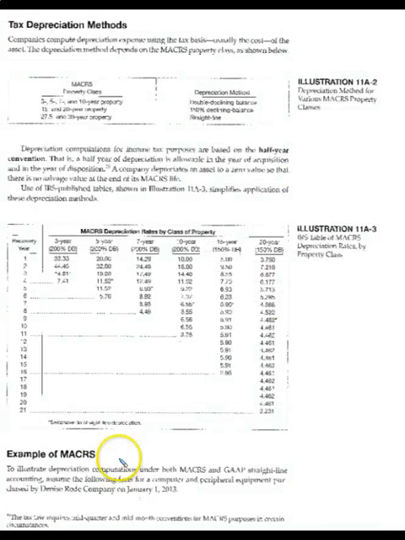So let's look at those. I hope you've turned to your book. Here we have rates. This doesn't show very well on mine, so if you will, turn to your book. But for the 3-year, here are different rates, and of course those are going to total 100%. And then for the 5-year as well, those will total 100%.